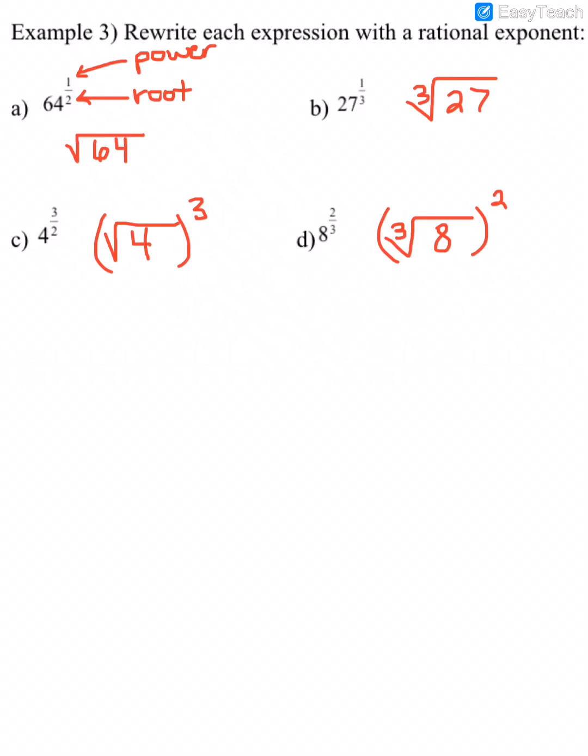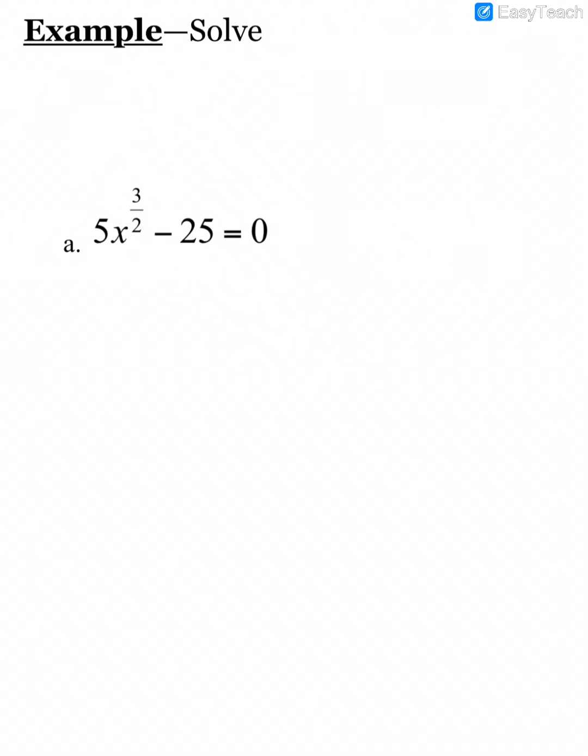All right, so that was just a little refresher on what those rational exponents mean. Now let's solve an equation that has a rational exponent. Remember, the first thing we want to do is get the different looking thing by itself. The thing that's being raised to the rational exponent is not 5x, but just the x.